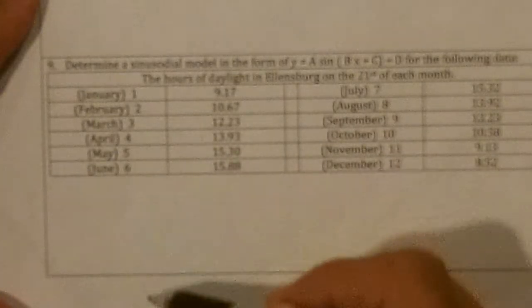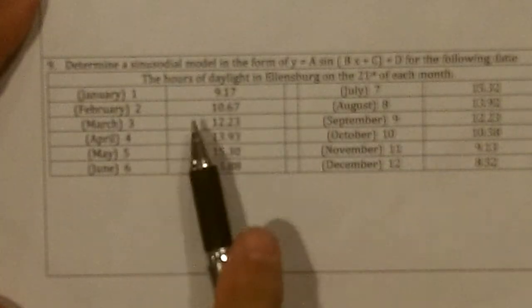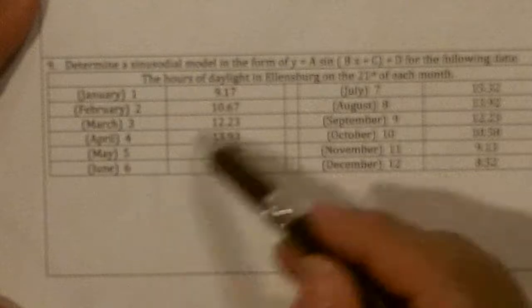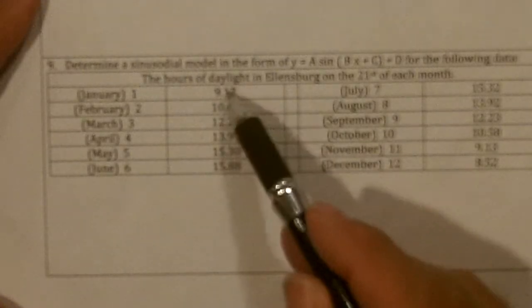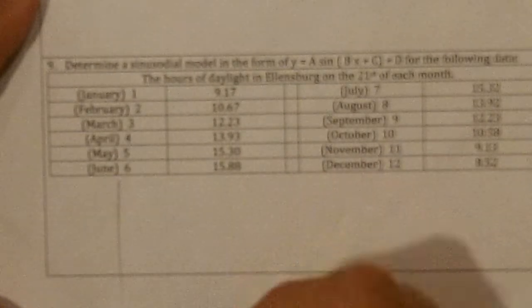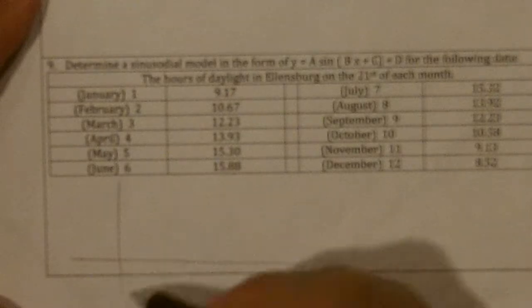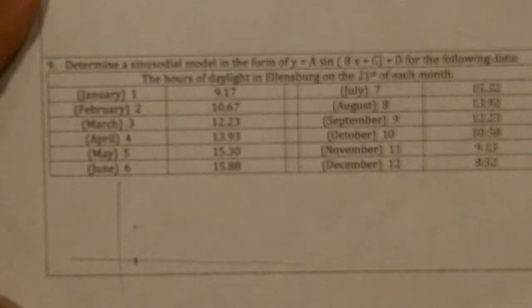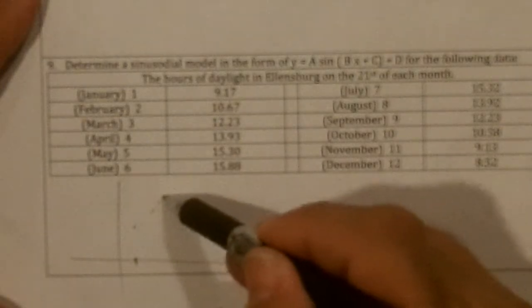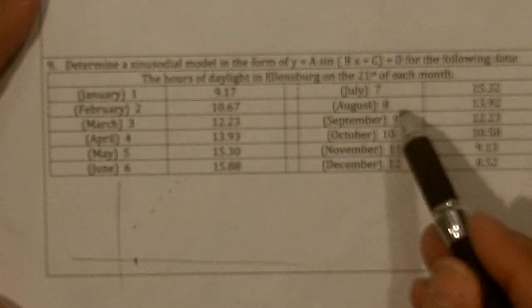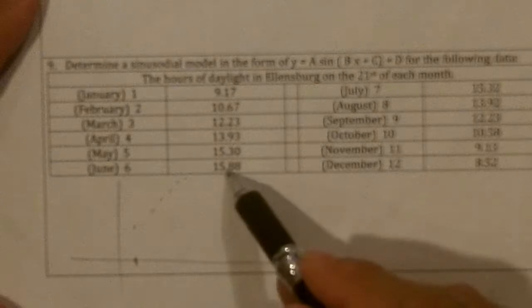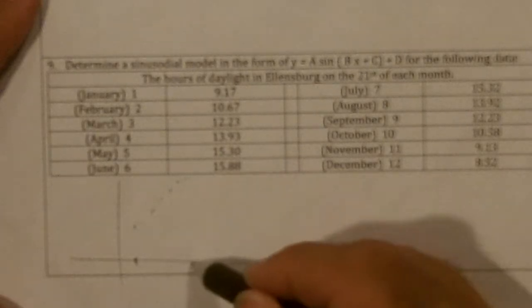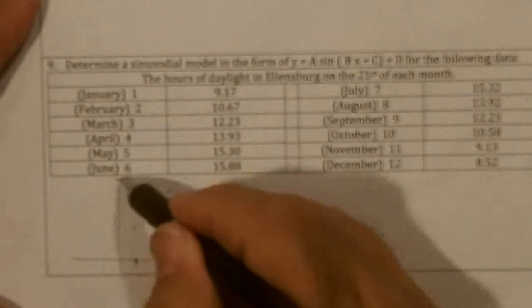Okay, a quick sketch of this will tell you that it starts in January, and of course we all know that the daylight hours in January are not very much, 9.17, and it grows from there to a peak in June of 15.88 hours.